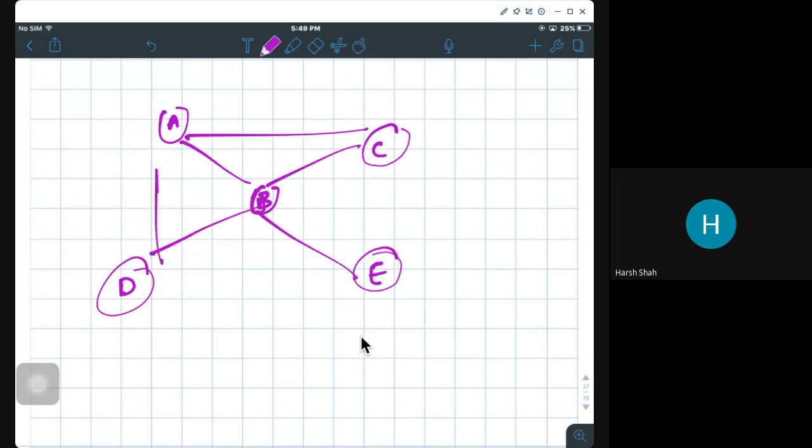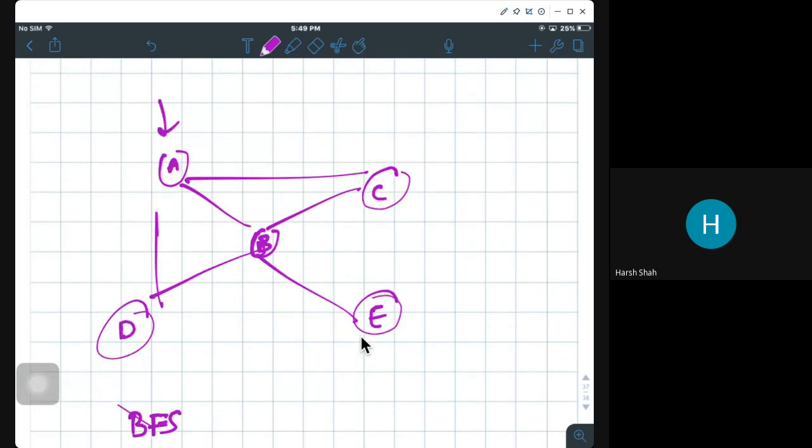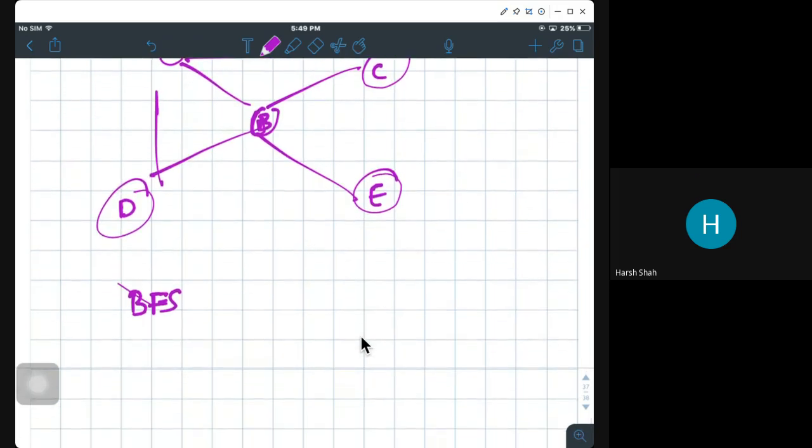Okay, the first thing is BFS. In BFS, we start from a node and explore its neighbors one by one. In BFS, we use something known as a stack, I guess.